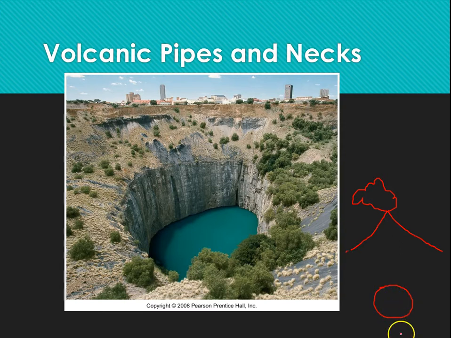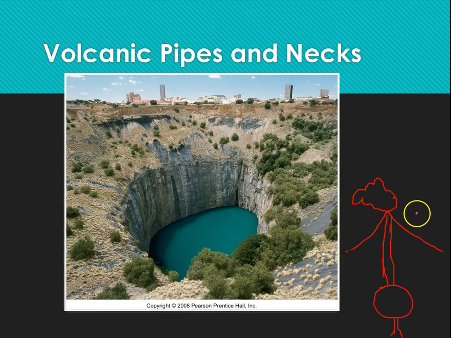This is kind of where the magma is holding, and it's generated down below in the very upper part of the mantle. But from that magma chamber, there's usually some sort of tube that feeds up to the top of the volcano. This is that volcanic pipe. So if it clears out, it can leave a pipe behind, which is what you see here. This is actually a really famous one.